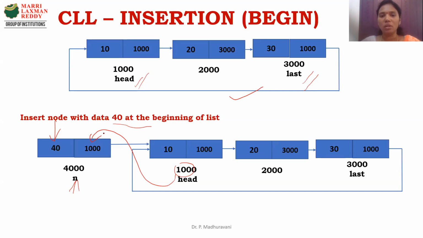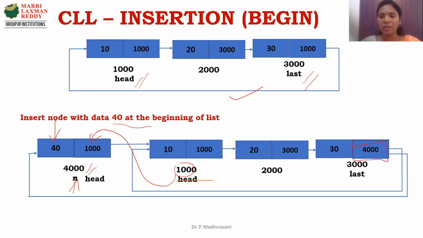In a circular linked list, the last node should store the address of the first node. Here the first node is 4000, but the last node is holding the address of 1000, because earlier 1000 was the head. So you need to move head to the newly created node. Now head is n. Now give the link between last and head, like last arrow next equal to head.